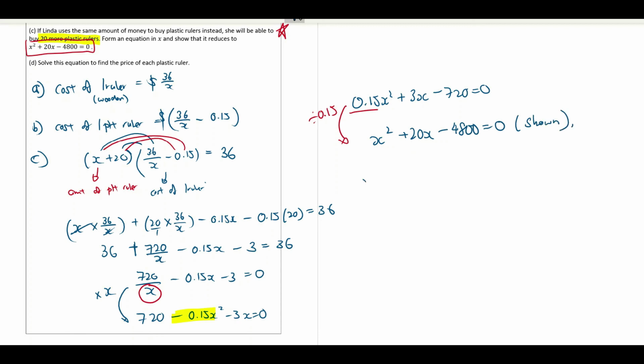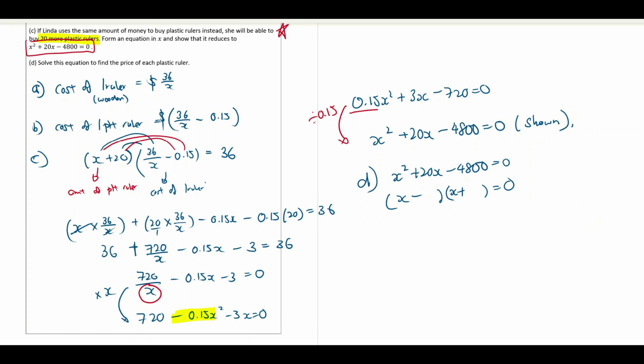Okay, next D, let's just use cross factorization, or you can just use your mode 3 to do it. x squared plus 20x minus 4800 equals 0. Then you use your calculator. x minus what? x plus what?